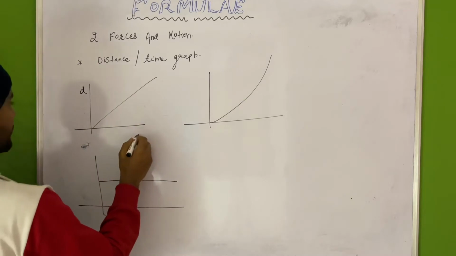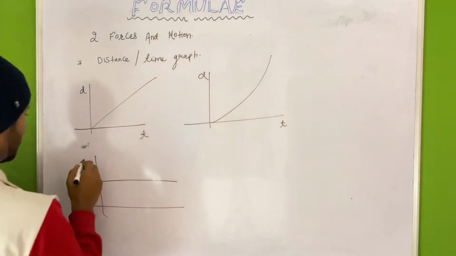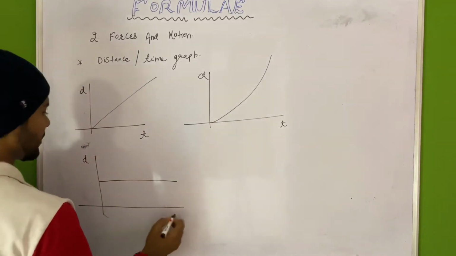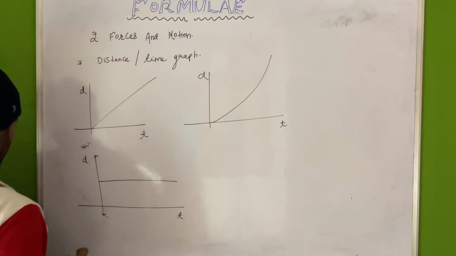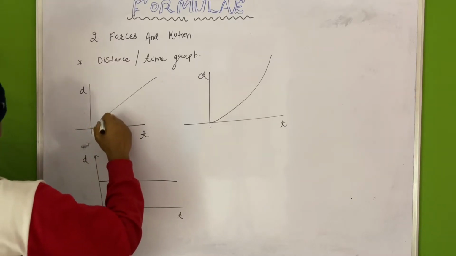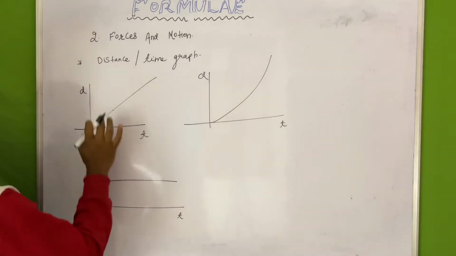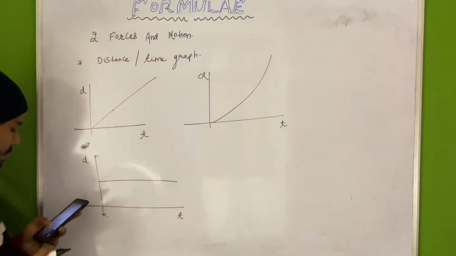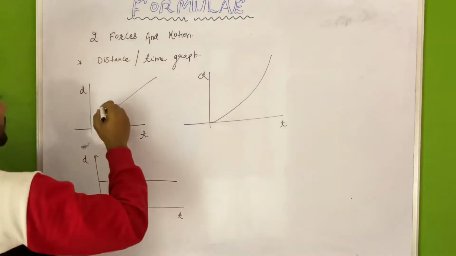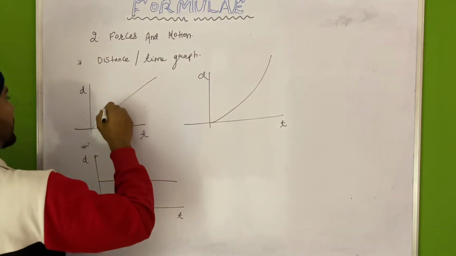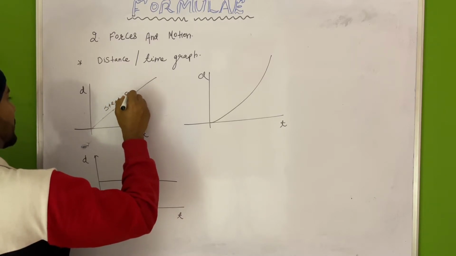In y-axis we have distance, and this is time. So this graph is for steady speed or constant speed. This is uniform speed, steady speed.